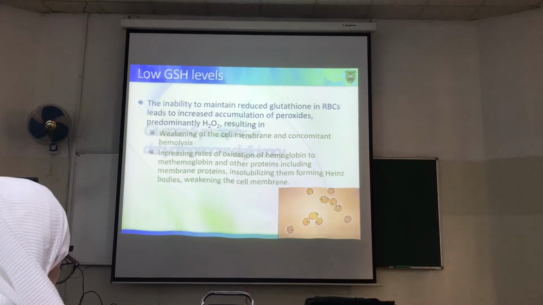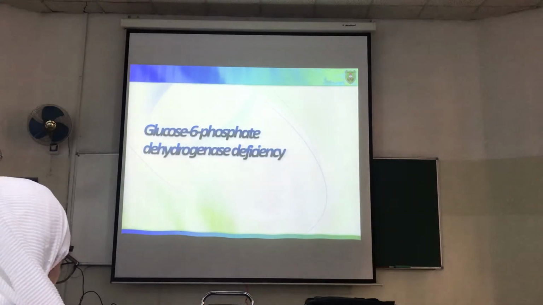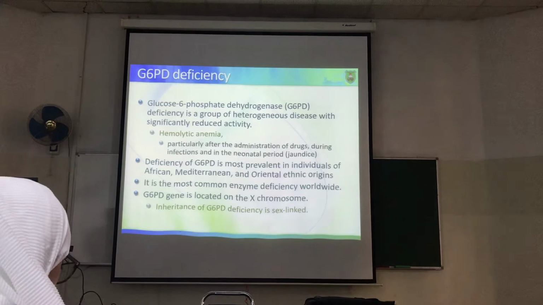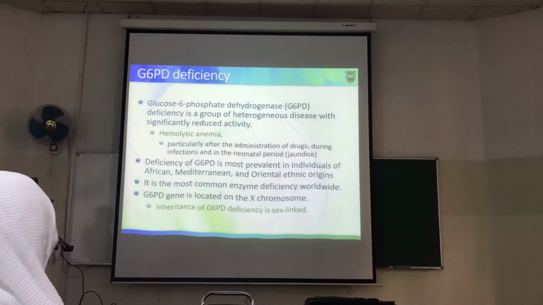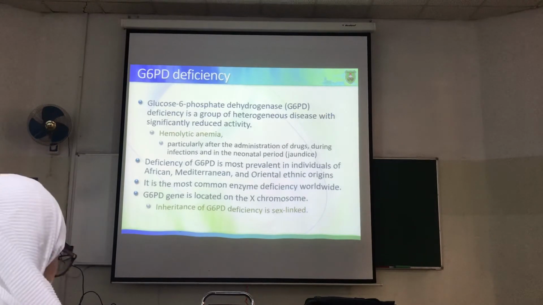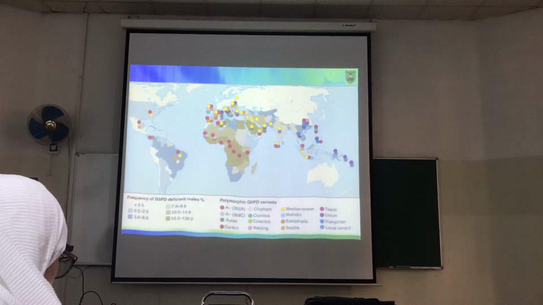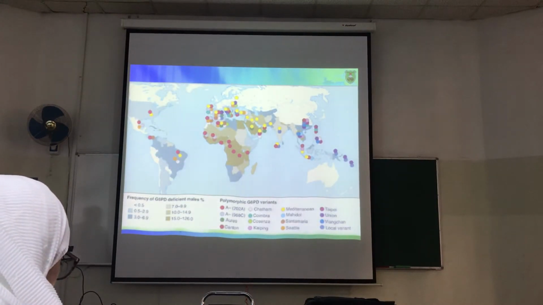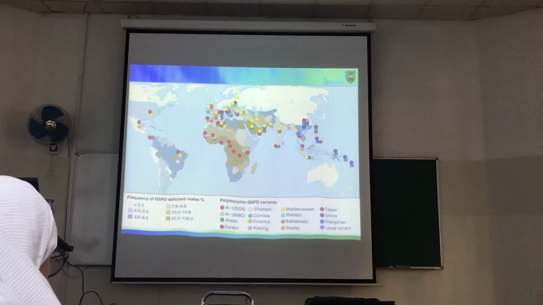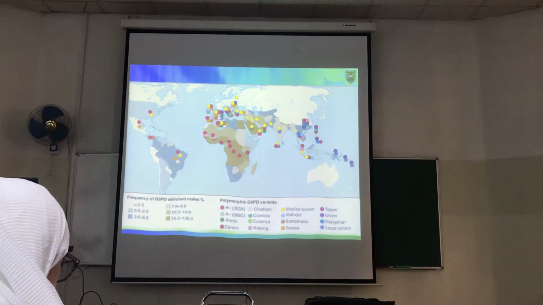So this is the importance of glucose 6-phosphate dehydrogenase. Now, there is a condition known as glucose 6-phosphate dehydrogenase deficiency, G6PD. This is an important condition in the Middle East, especially in Jordan, because if you look at the distribution of the disease, you would notice that it really concentrates in the old world.